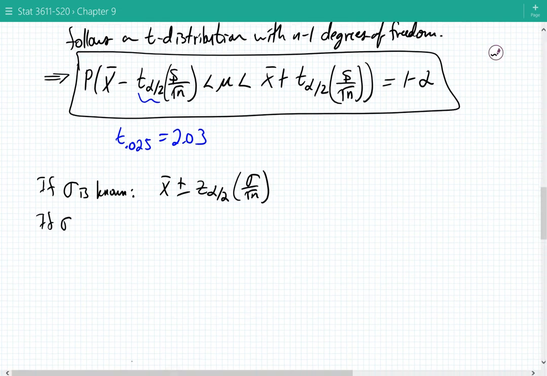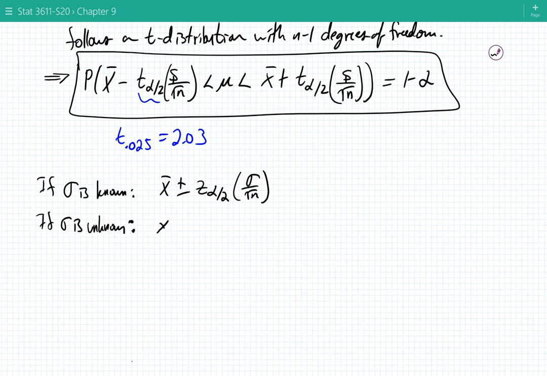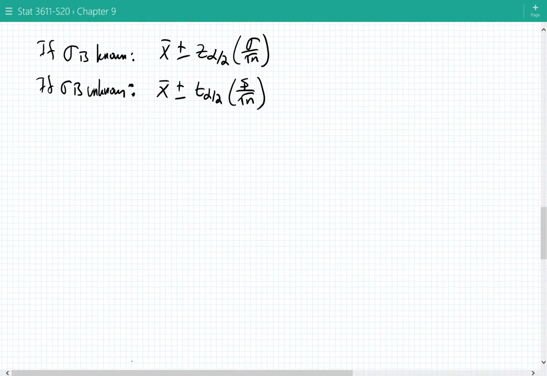If sigma is unknown, then our confidence limits on the mean will be x bar plus or minus t of alpha over 2 times s over the square root of n. Just to summarize what we have so far.